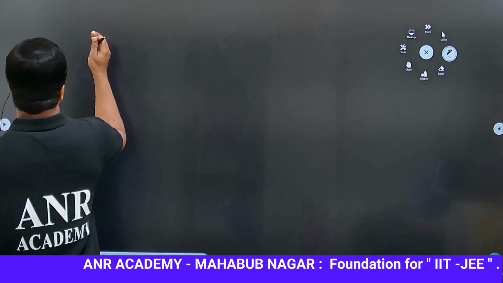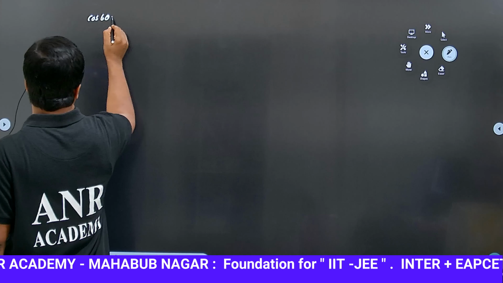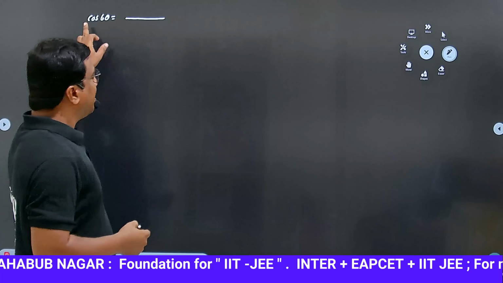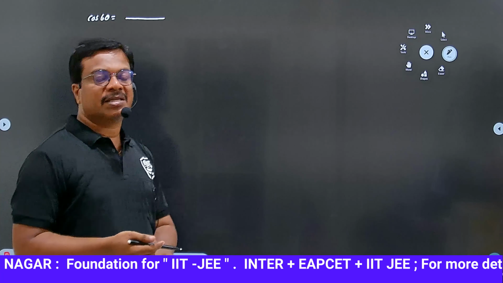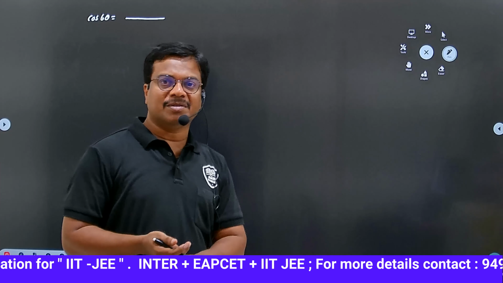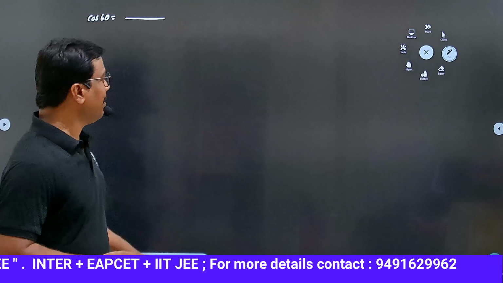Suppose the question is, what is the value of cos 6 theta? Clearly, cos 6 theta, using binomial and De Moivre's theorems, when you compare real parts, you will get the cos 6 theta value.